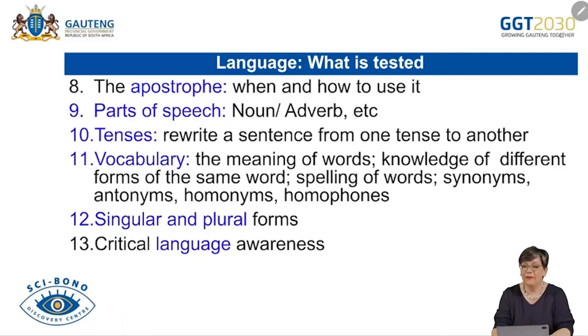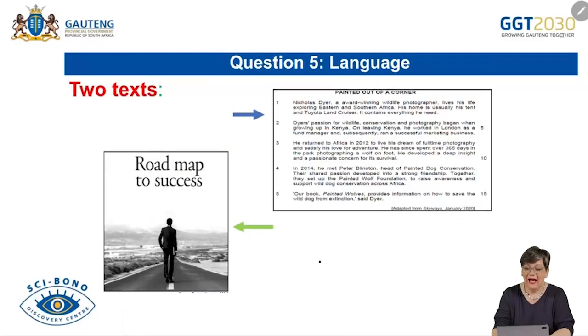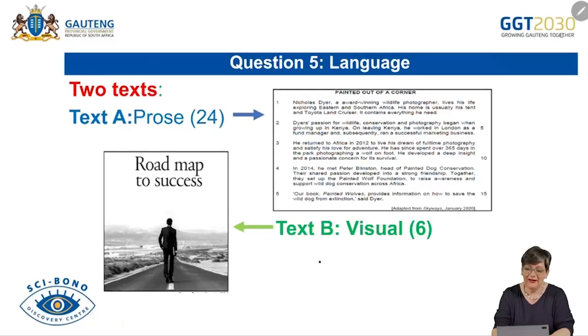Now, just like with your comprehension, with question 5, you will be given a written text, a short text. Now, let's quickly look at that. In this case, the short text is obviously not as long as your comprehension. And it consists of a few paragraphs.